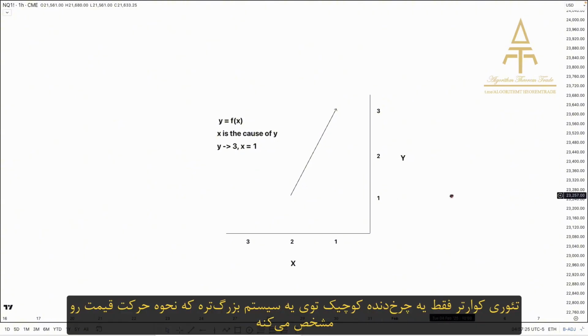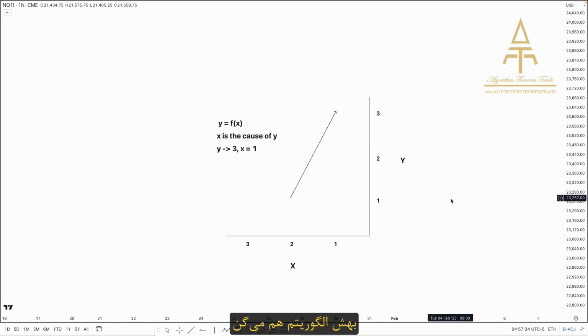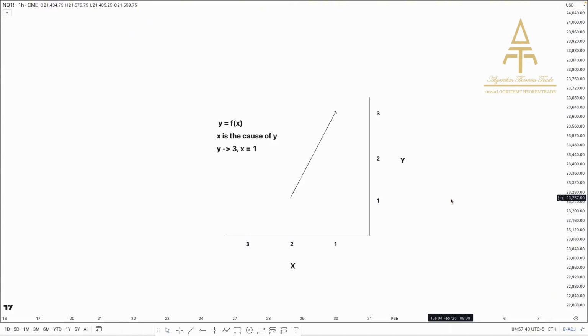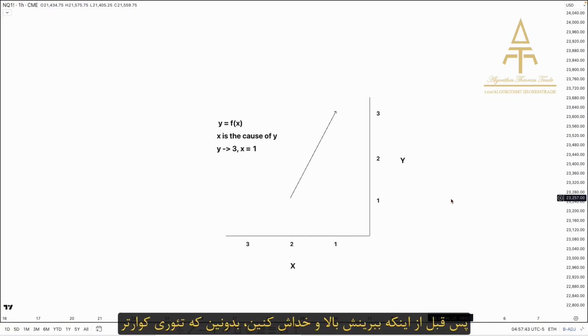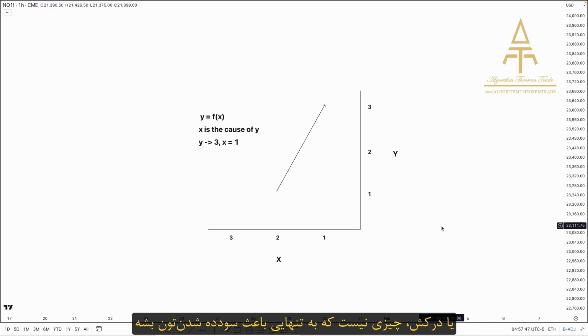Quarterly theory is simply a cog in a greater system that dictates how price moves. It's also known as the algorithm. This means that quarterly theory is not the holy grail. So before you put this on a pedestal, understanding quarterly theory will not be what makes you profitable.